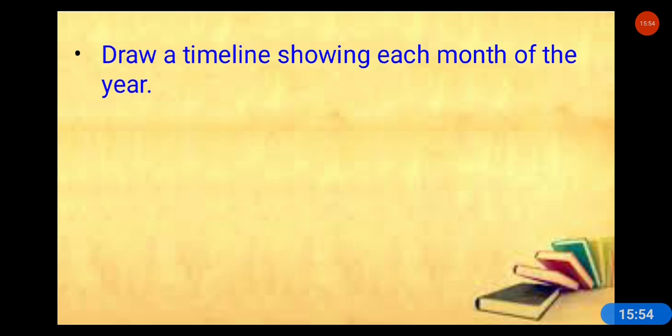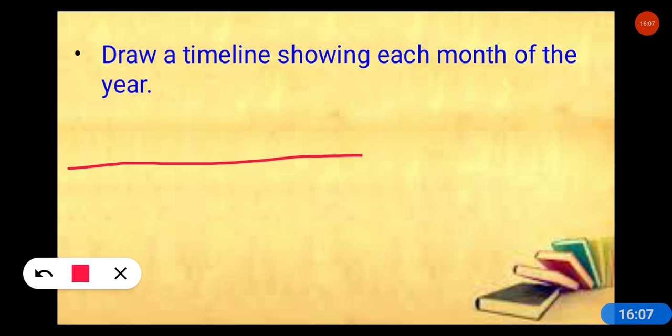First thing we have to do is draw a timeline showing each month of the year. As I told you, we draw a timeline. How do we draw? Like this, showing each month of the year equally.